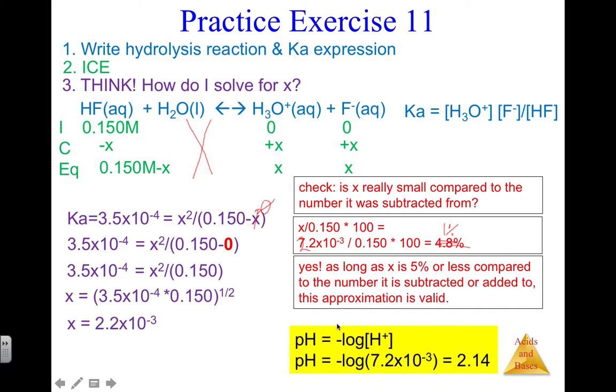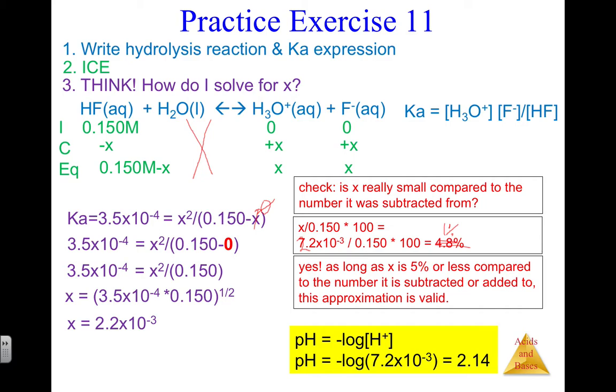And remember our pH equation: pH equals negative log of hydronium. Hydronium is my X, which is that 2.2, regardless. Negative log of hydronium molarity equals 2.14. Let me check my notes.